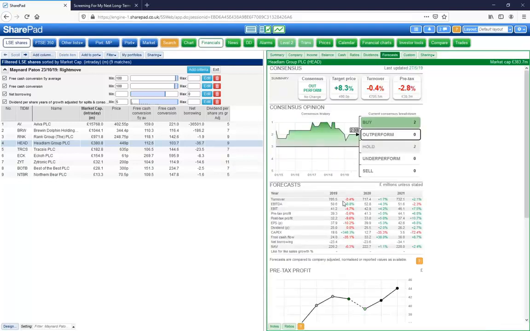So we can see sales flat, profits down a bit, 5%, earnings down. Again, I think that's the distortions between SharePad and the company and the brokers. I would look at these figures, I think, as a general, because we have a rebound here to 2020. So again, modest growth is 4%, 5%. So the general picture is modest growth, I think.